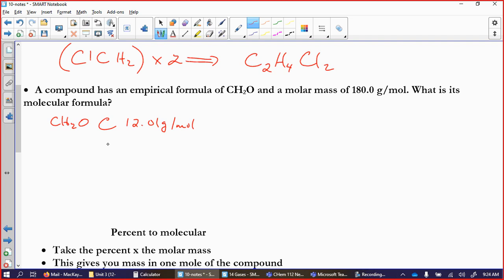Carbon is 12. 2 hydrogens, 1 oxygen. Carry the 1, 30.0.